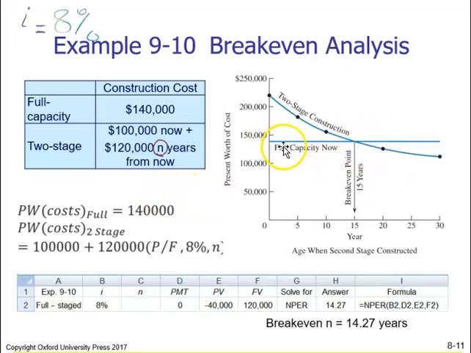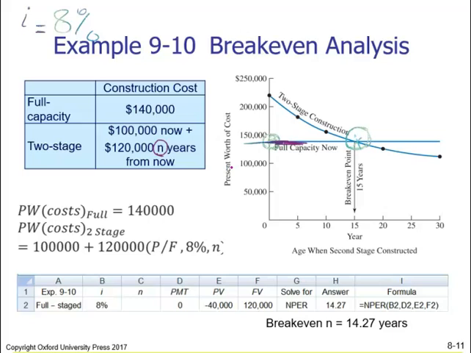Full capacity now is fixed at this level of 140. And here you have the net present worth of the two-stage, or net present cost of the two-stage, based on different project life. And the crossing point is here.